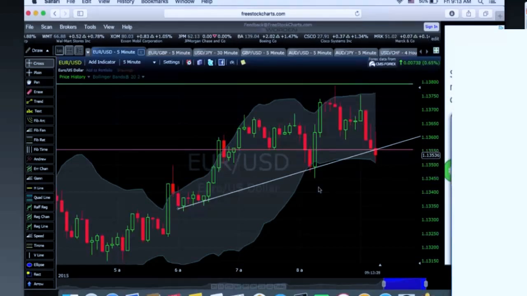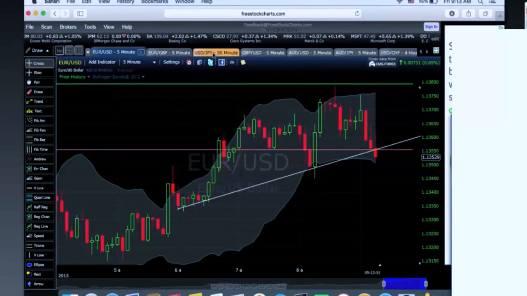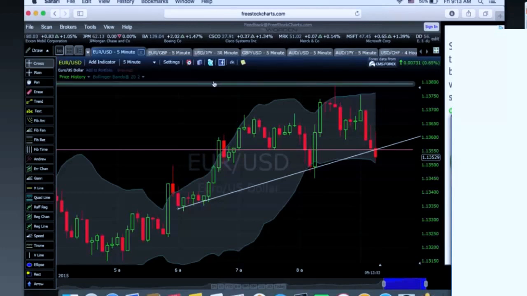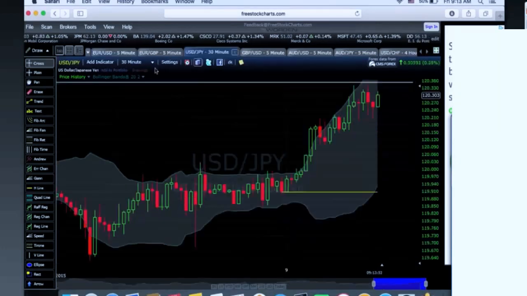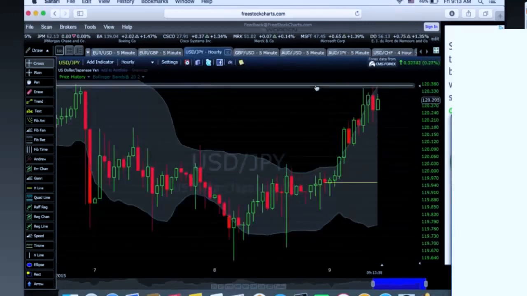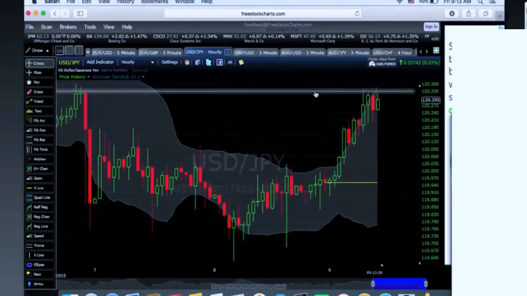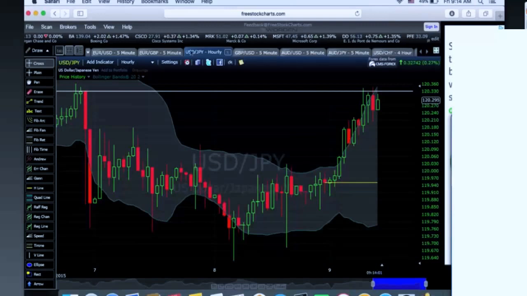Okay. Well, guys, if you see Euro USD and USD JPY, as you know, they correlate. And if you look at USD JPY on an hourly chart, it's coming to a resistance, which means it could reverse from 320 again. Which means if that goes down, this has to go up, right?